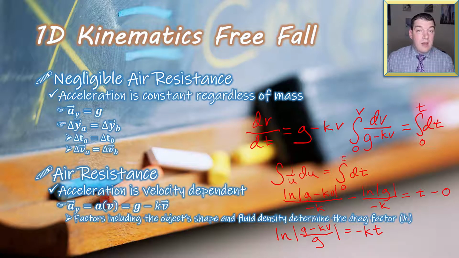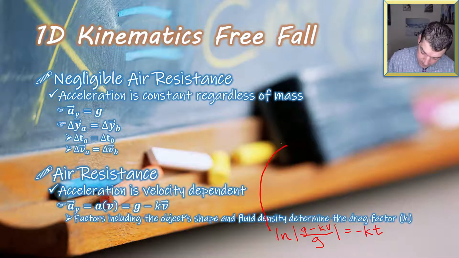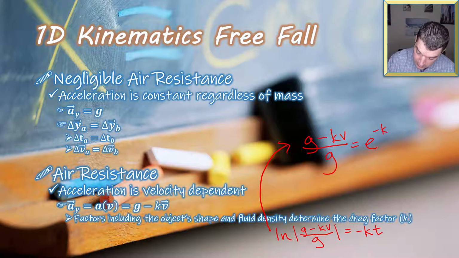Take the exponent of both sides, and we get e to the negative kt equaling g minus kv over g, and let's give ourselves some room. That means g minus kv divided by g is equal to e to the negative kt.